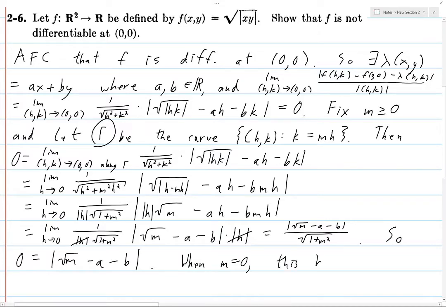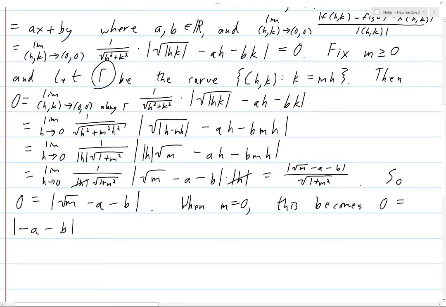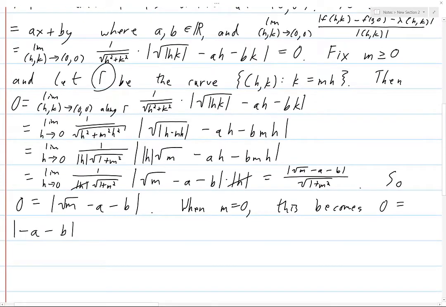this becomes 0 is equal to the norm of a minus b. Okay. So if you factor out a -1, you get a plus b equals 0.